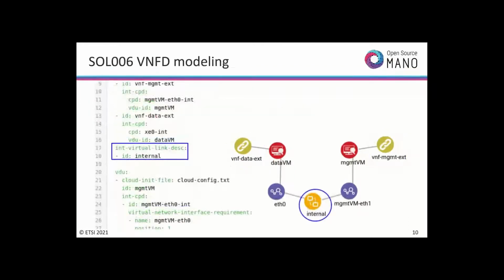If we go a little down, you can see here that an internal network exists. This int virtual link, again, if you come from previous Hackfest, is an internal virtual link, which means it's a way of connecting two of these connection points, but in an internal fashion. So this is to say that this virtual machine and this virtual machine here are internally connected through this internal virtual link.